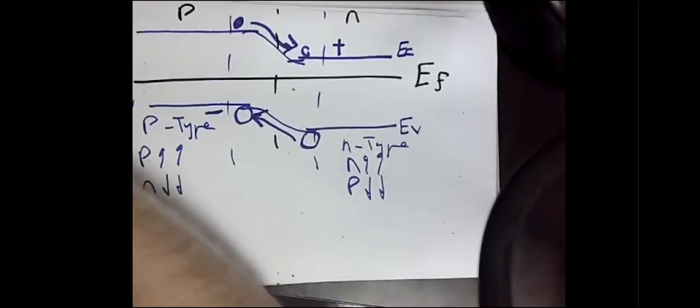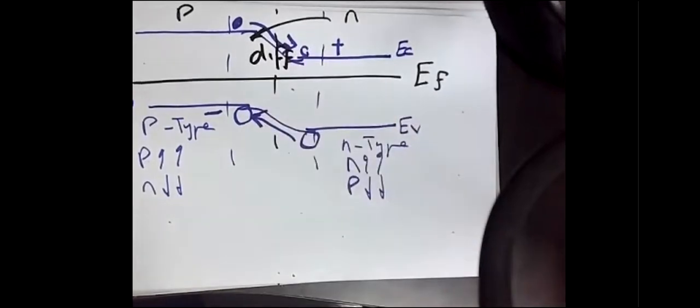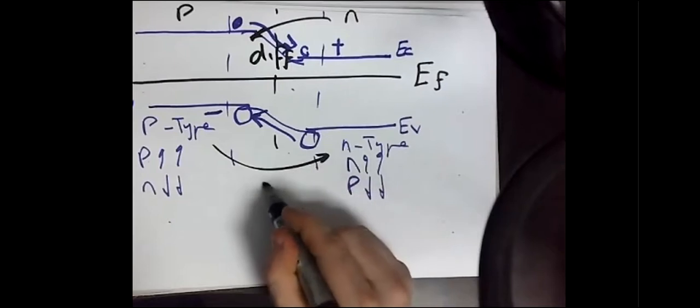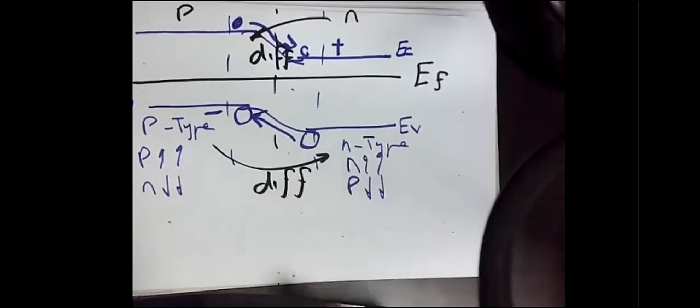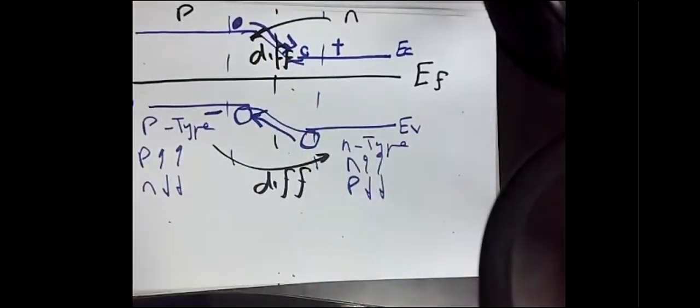So we have a diffusion current here, and similarly, we have a diffusion current there. That means that the overall current flowing under thermodynamic equilibrium is equal to 0, which again makes sense.